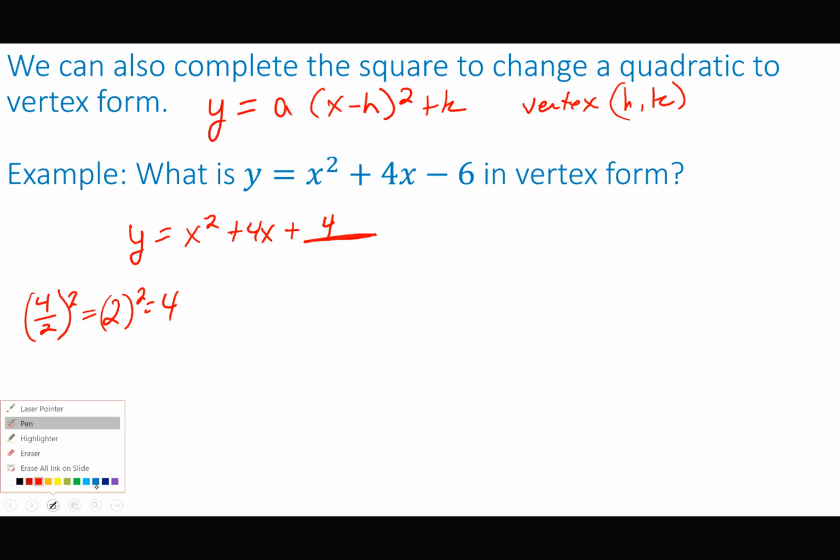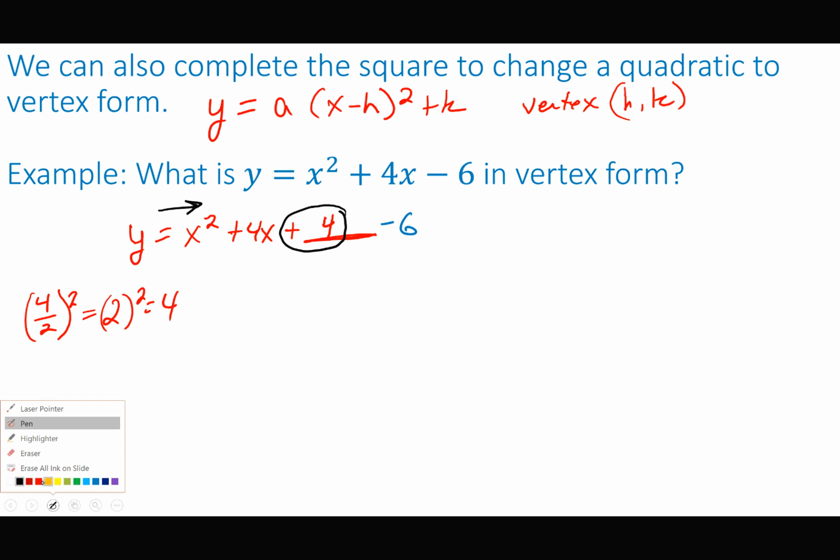I'm going to keep my 6 on this side, so minus 6. But because I added on that 4, I'm still working on the right side of my equal sign. To remain balanced, this plus 4 was never in my problem.